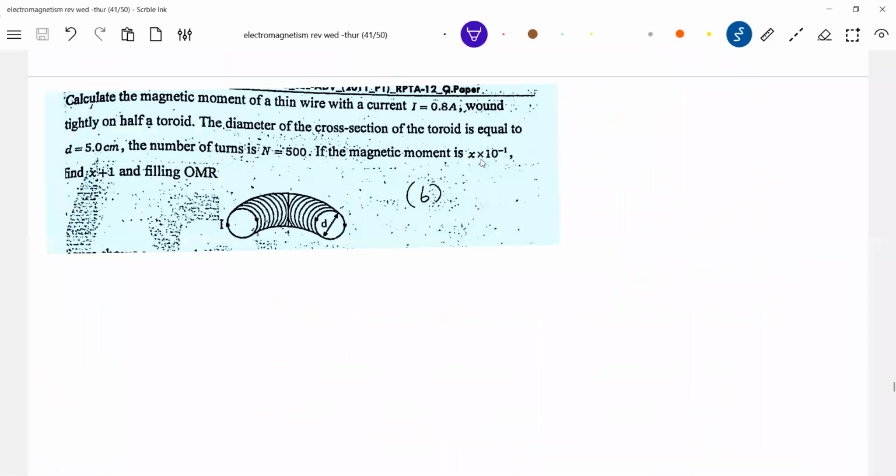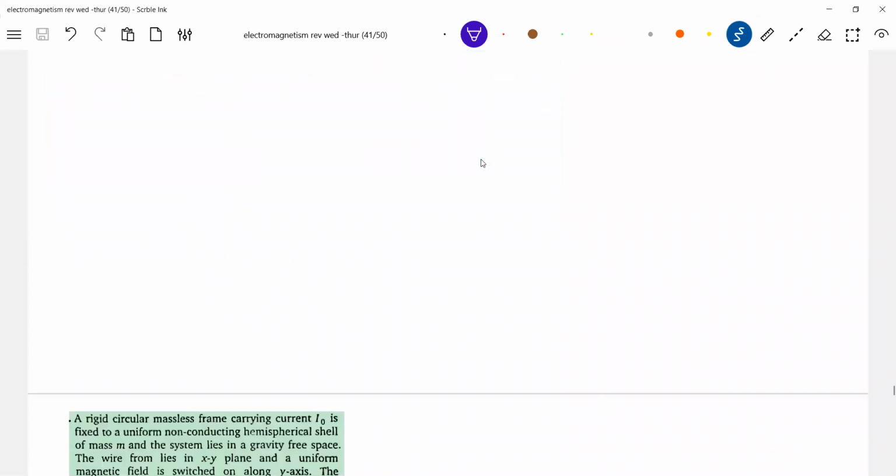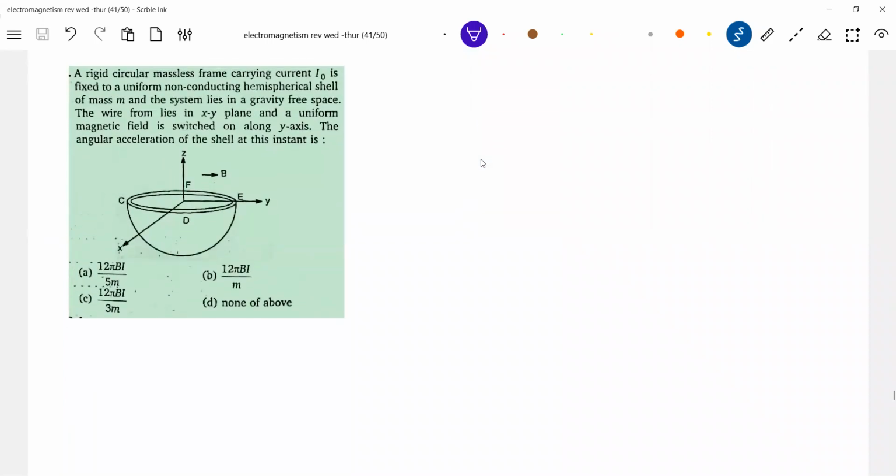It is asking the magnetic dipole moment of this one. Did I discuss this in regular class? Anybody? Yes, sir. Okay, let me go for the next one.